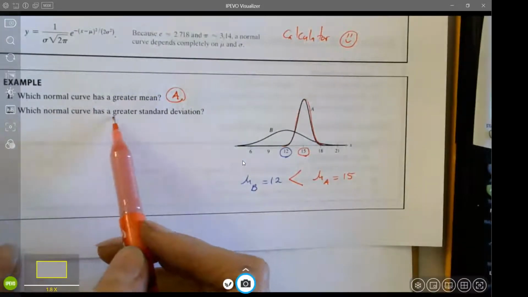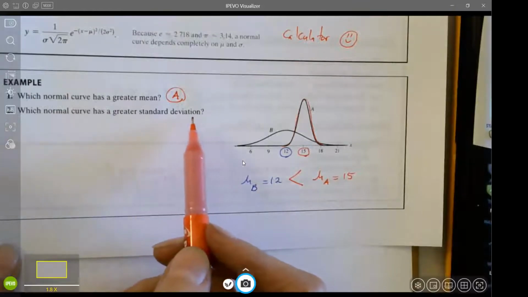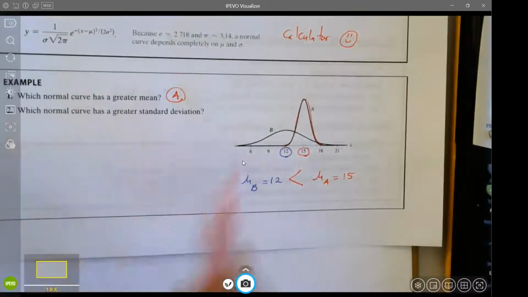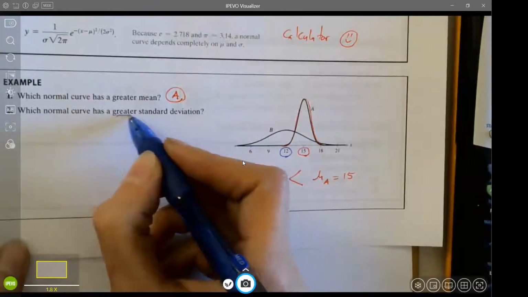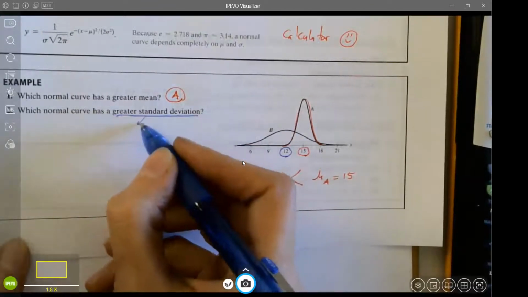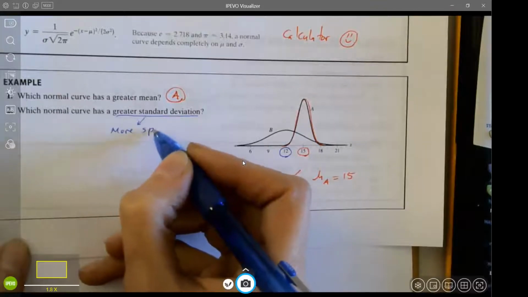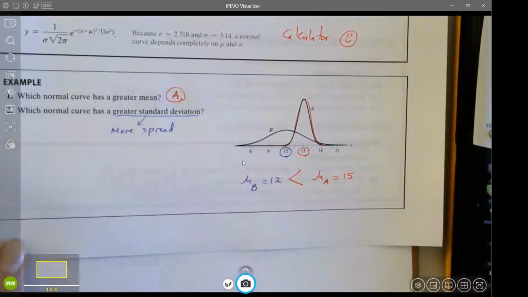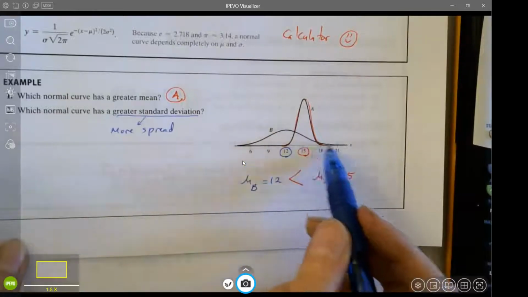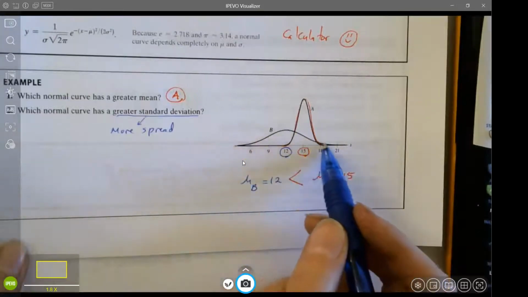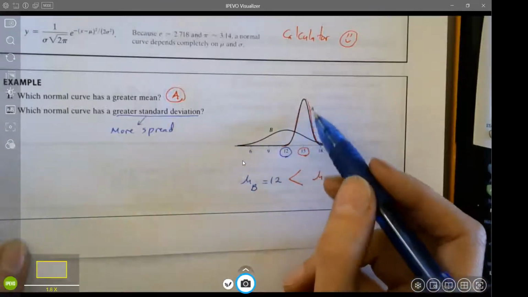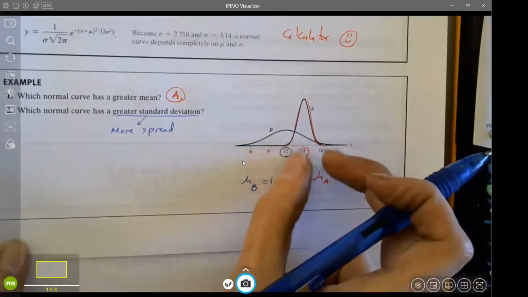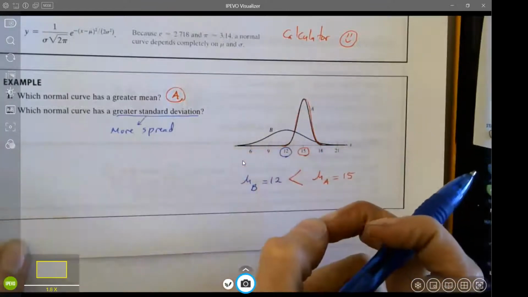Which normal curve has a greater standard deviation? So what's the meaning of that? It means which one is spread more? Greater standard deviation means more spread. Well, take a look at your curve B. Your curve B spreads along the x-axis, and it is larger than the spread of curve A on the x-axis.